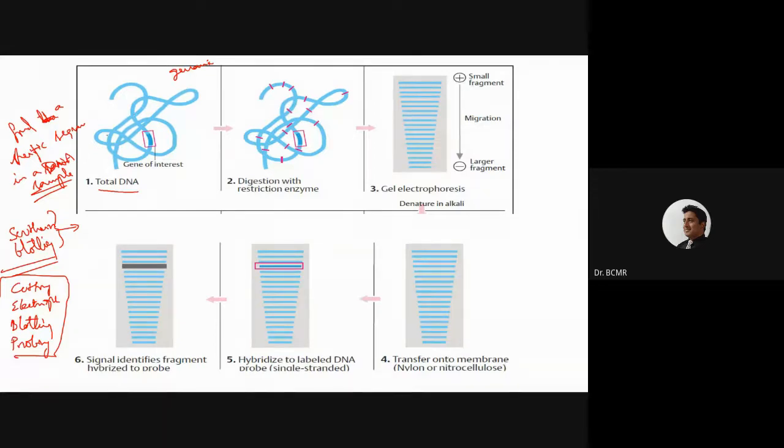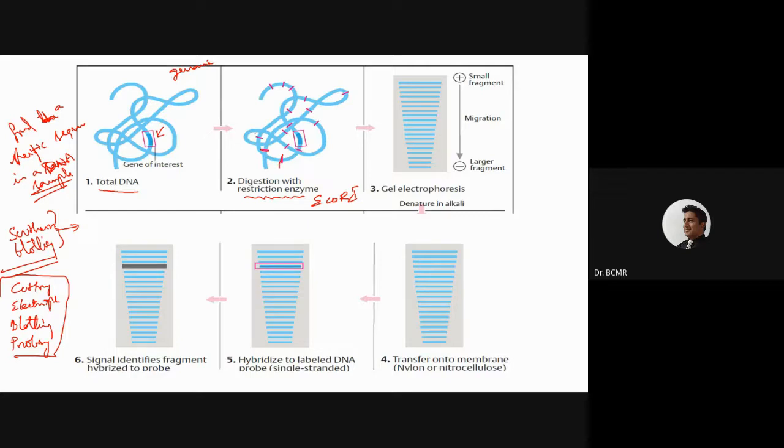As per the figure shown here, you would have taken the genomic DNA, and assume that it has the gene of interest. You didn't know that before, and you have to prove that it is there. So what you do is you digest it using a restriction enzyme, something like EcoR1 that we have seen in the previous slide. When you digest it, it will cut everywhere there is an EcoR1 site.